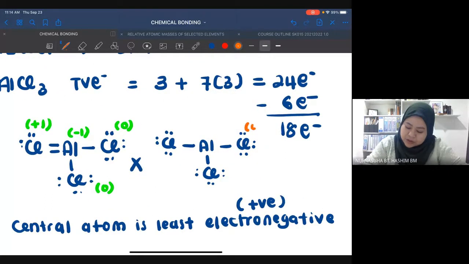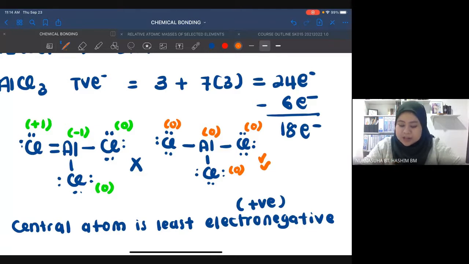So this one you should get 0, 0, kat sini kosong, kat sini pun kosong. Sebab 3 tolak 3. Okay, so basically second structure is the most stable lah. So cuba awak tengok. Memang tak octet. Okay, kalau awak octetkan aluminium, dia jadi tak stable.